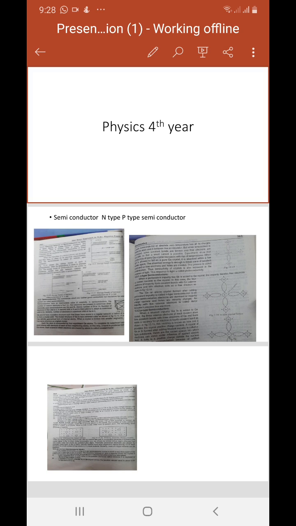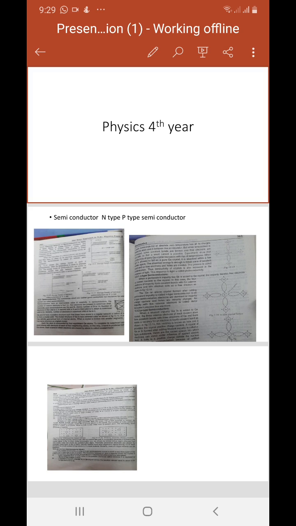Intrinsic semiconductor is one which is made up of the semiconductor material in its extremely pure form. Common examples of such material are germanium and silicon, which have forbidden gaps of 0.72 electron volt and 1.1 electron volt respectively.